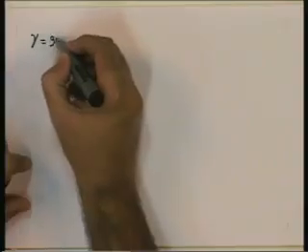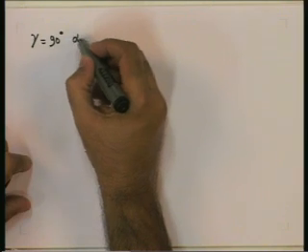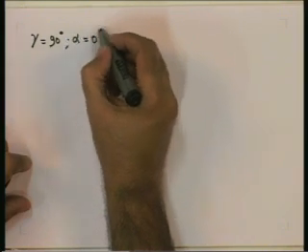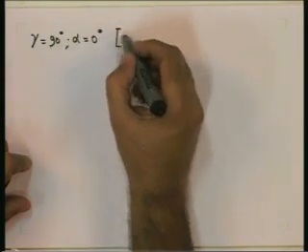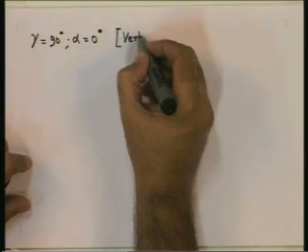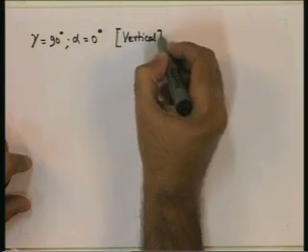Now let's look at the other end. Gamma equals 90 degrees or alpha equals 0 degrees, and that is vertical orientation.